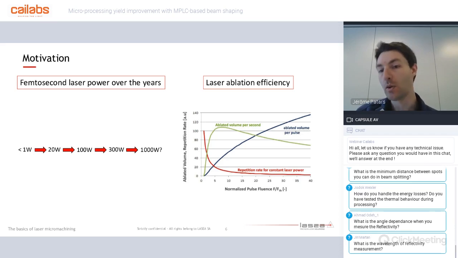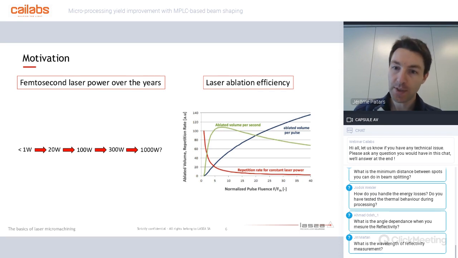But on the other side, we see that in the laser process, we can increase the energy to increase the ablated volume, and so the productivity of a dedicated machine.